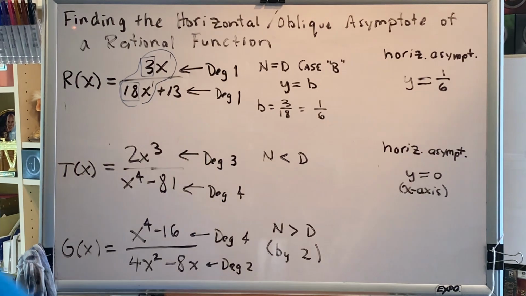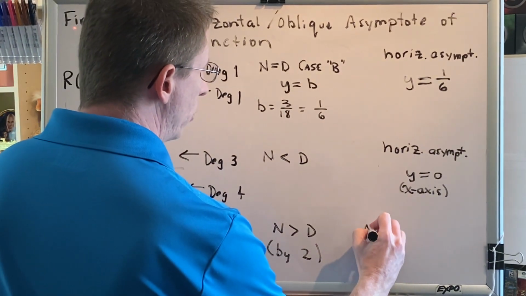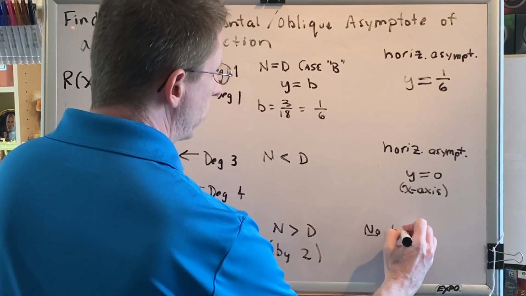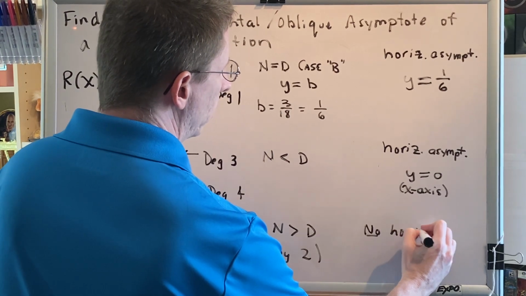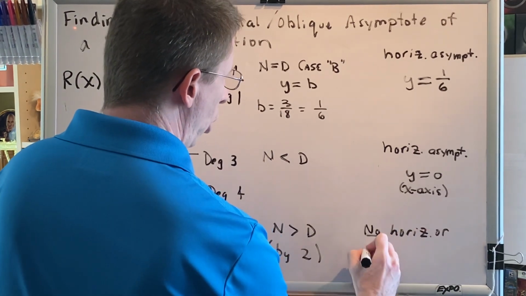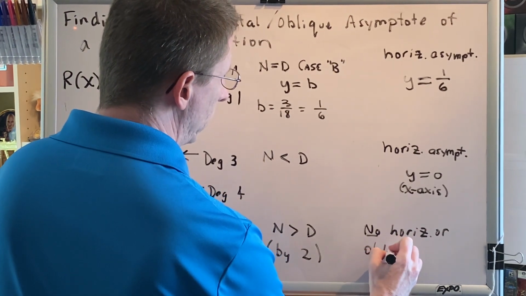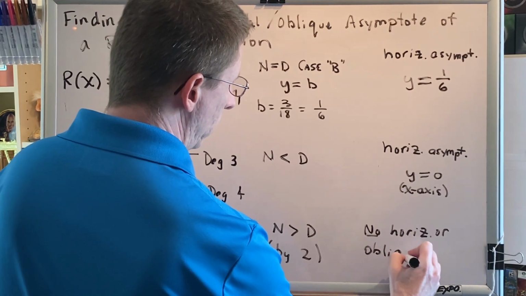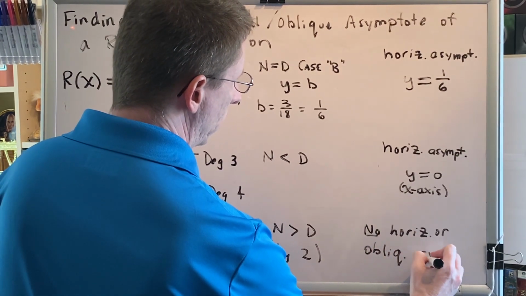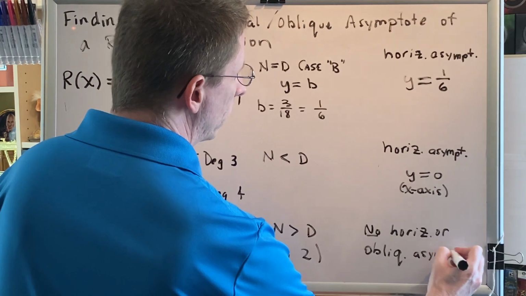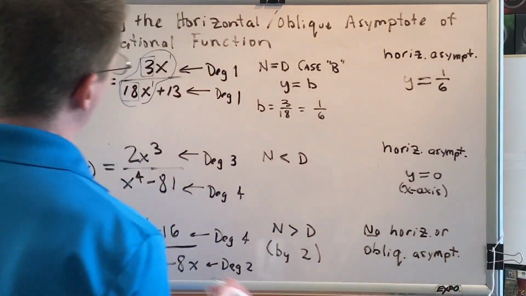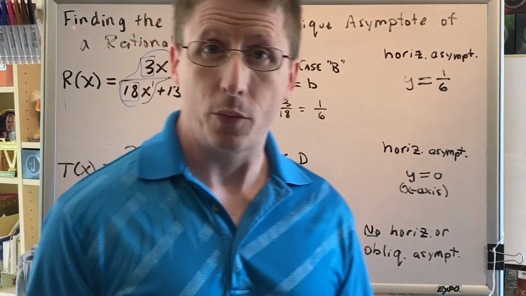So we can state that for this problem, there is no horizontal or oblique asymptote. And with that, we have completed these 3 problems.